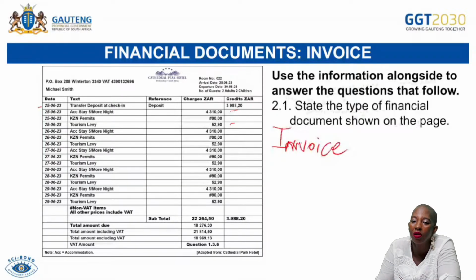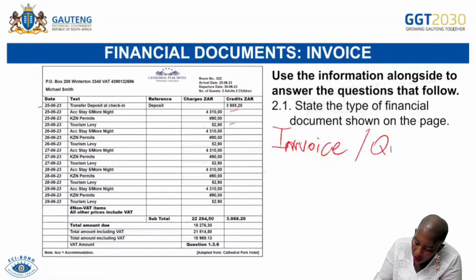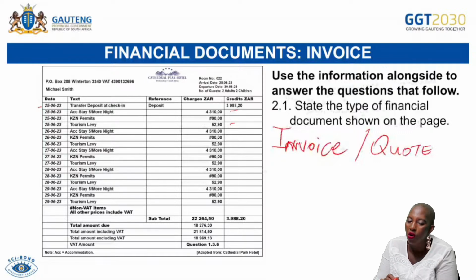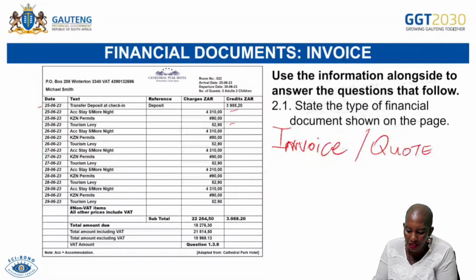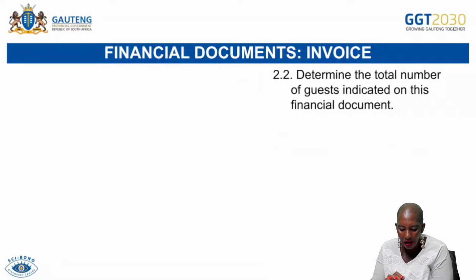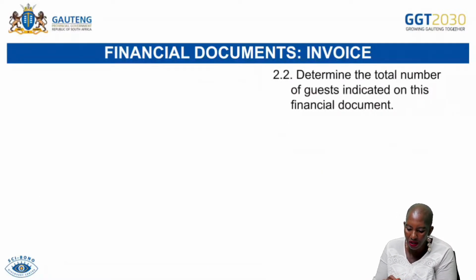Sometimes some of them say it's a quotation. So if they're quoting you, or maybe if they're invoicing you, we can say it's an invoice or a quote. They quote you, meaning it's a quotation. They tell you that first day, this is what you are charging. Remember, we said it is in detail, a document that will be in detail.